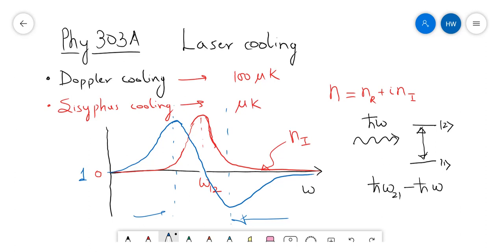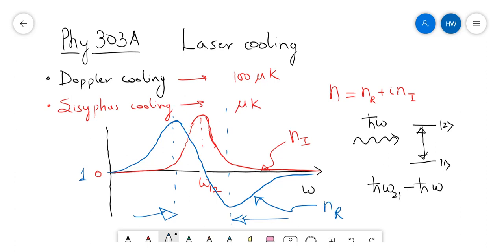If you recall, we had discussed anomalous dispersion and normal dispersion. So away from resonance, what you get is normal dispersion, and within this region, what you get is anomalous dispersion, wherein the slope of the refractive index is different. And you see that this part is essentially the real part of the refractive index.